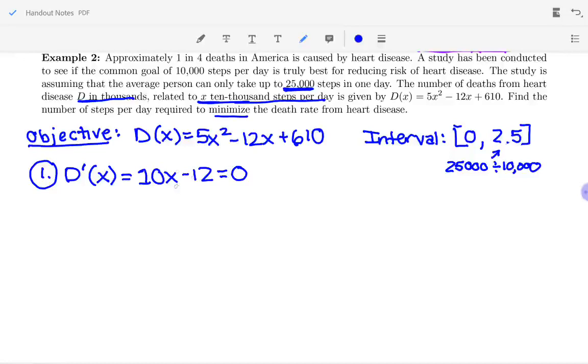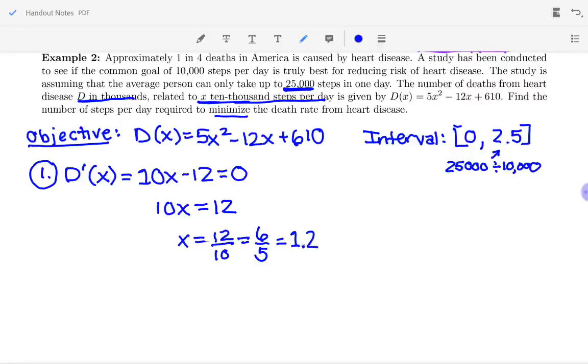It's a linear function. I add 12 to both sides, so I get 10x equals 12, and then divide both sides by 10. So x equals 12 over 10, which is the same as 6 over 5. Because this is in 10,000s, I'll make it a decimal since it terminates. 6/5 is 1.2.